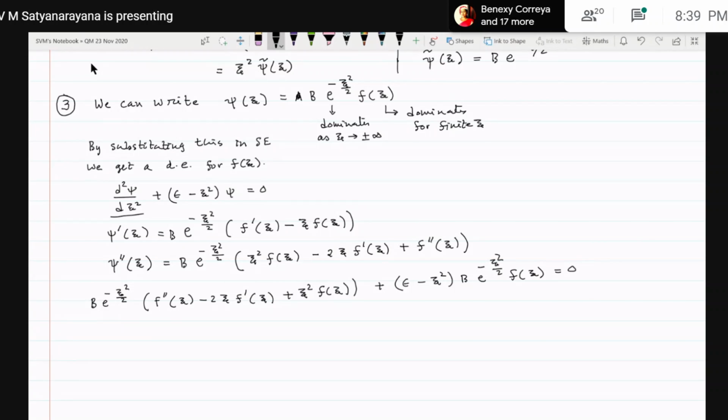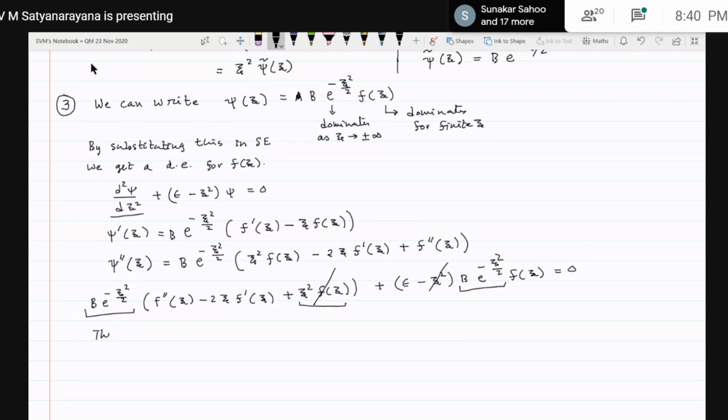So now you can see that this b into e to the minus xi square by 2 is there in both the terms, which is not 0, and hence that part can be pulled out, and then the remaining part is equal to 0. And notice that there is plus xi square into f of xi and minus xi square into f of xi. So this term will actually cancel with this term. So I have an equation.